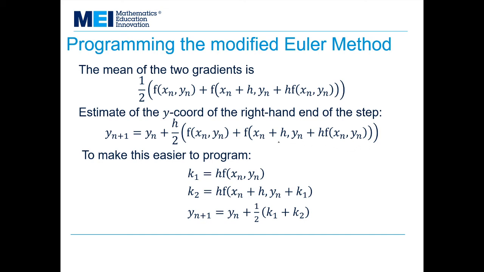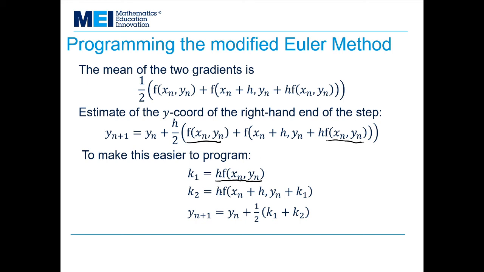So what we do is, instead of trying to do it all in one go, we use some extra values k along the way. So notice that f of xn yn appears here, but it also appears here. So having something in terms of h times f of xn yn is going to be useful. So I define k1 to be h times f of xn yn.